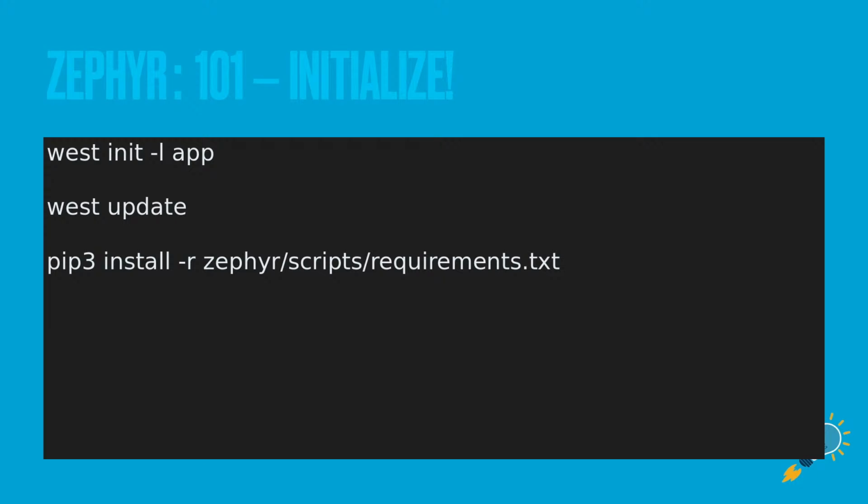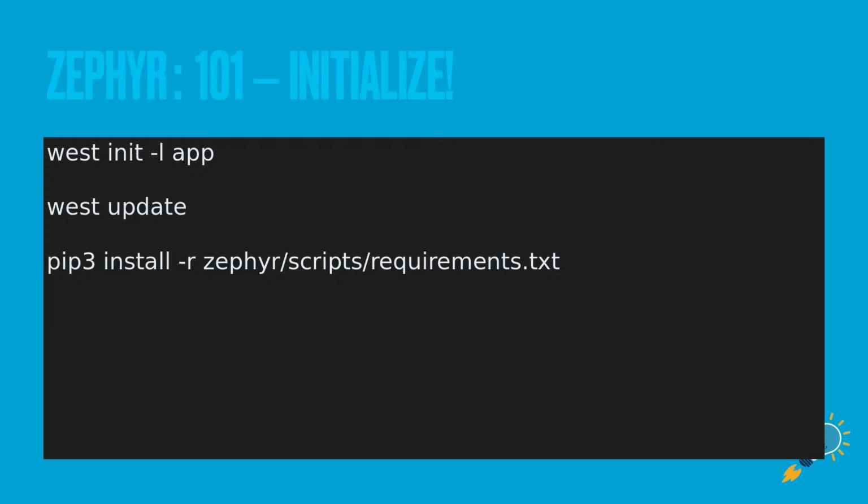So all it'll do is just set up a .west folder in the root, which has all the important information on exactly how to bring everything up, and then do a west update, and that's where we pull all your requirements, all the repositories. It'll download everything recursively, so on and so forth. Power of Zephyr.